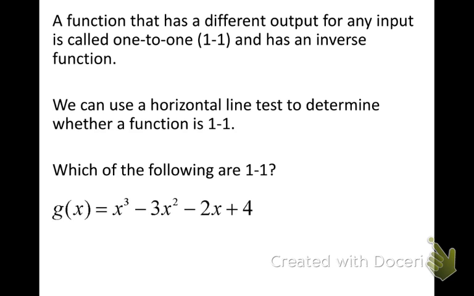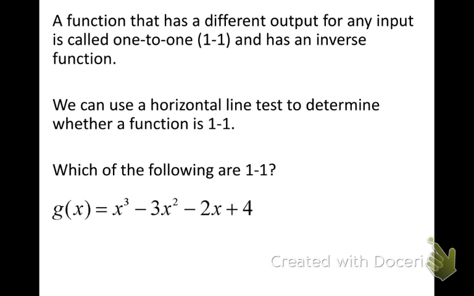Now, a function that has a different output for any input is called one-to-one, and it has an inverse function. Essentially what this means is that if the original relation is a function and I find its inverse and it's still a function, then we call it a one-to-one function.